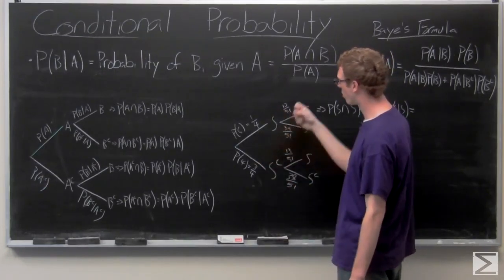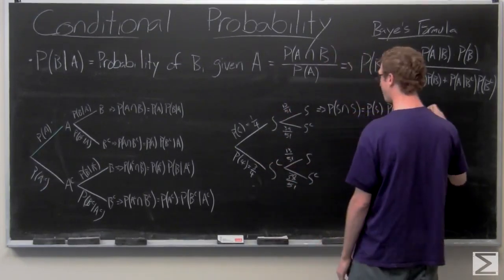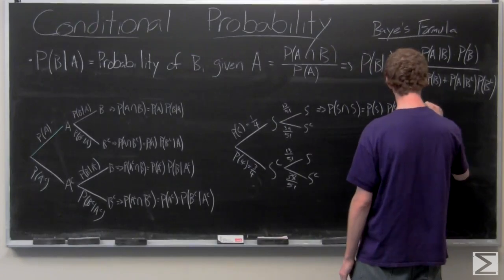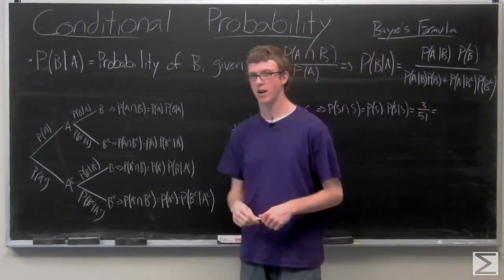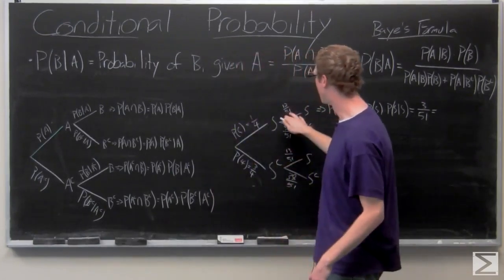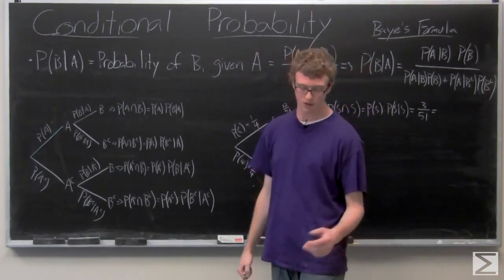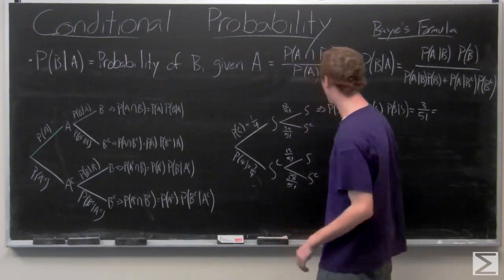We can cancel the 4 and do 3 out of 51. Now, in the end, we're going to have a bunch of numbers with the denominator as 204. So we're just going to expand that, and we have 12 out of 204.